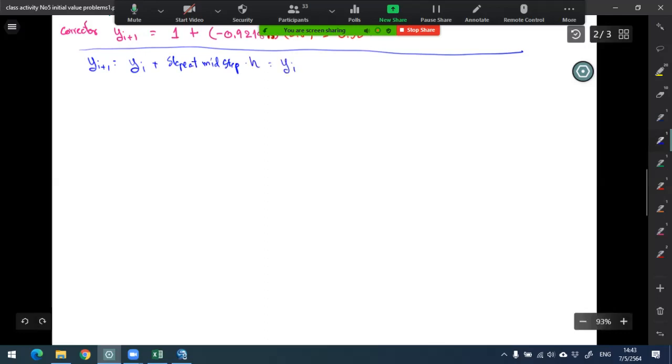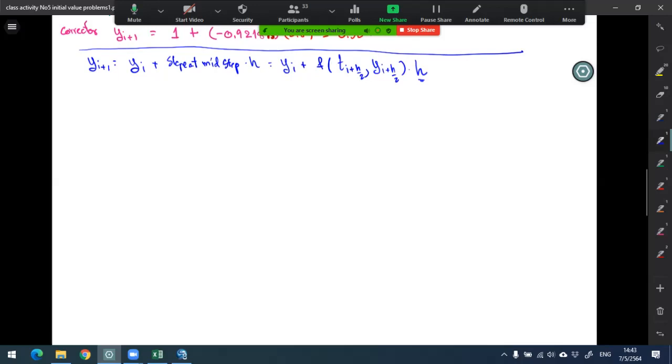So what is the slope at mid-step? It is f of x, y, that is x i plus h over 2 and y i plus h over 2 instead. In this case it should be t, right? And multiply with h.